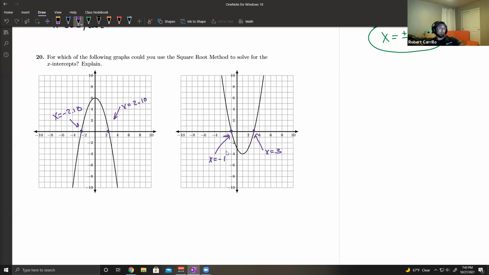So for the square root method, we realized we never got different answers. That's -1 and 3. You would never get that by using the square root method. You would only get the same answer, but positive and negative. So we use the first graph.